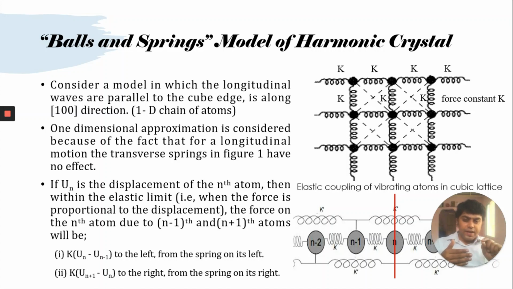Because of the longitudinal motion, the transverse springs in this figure are absent. I repeat, I have not given any transverse part, only the longitudinal concept, such that we can understand easily by removing the transverse part.